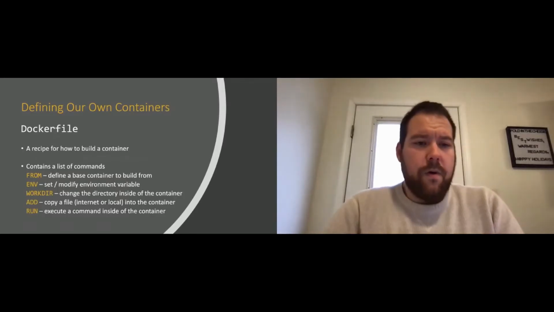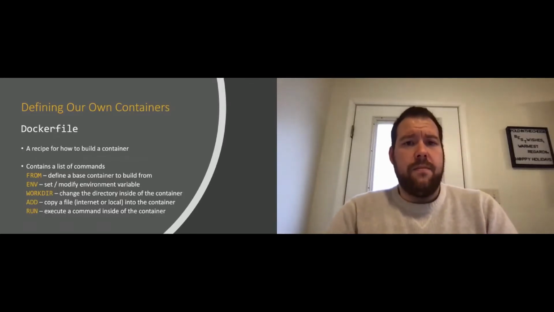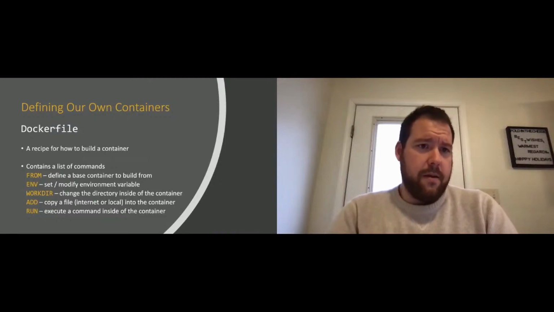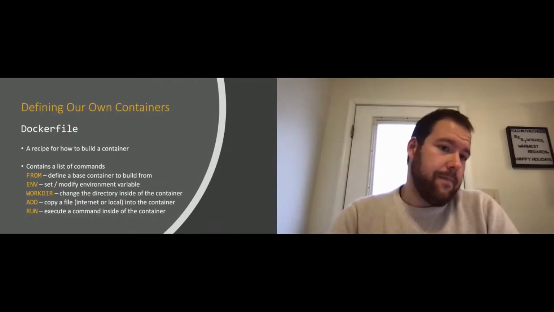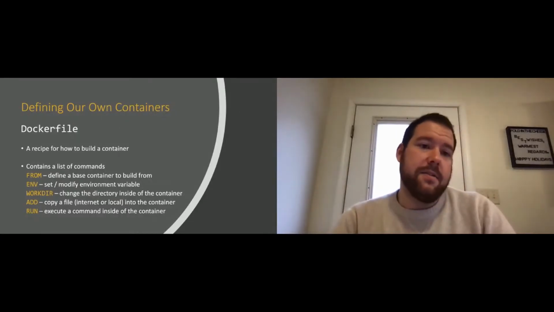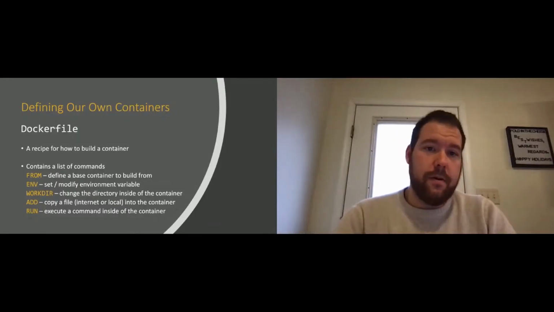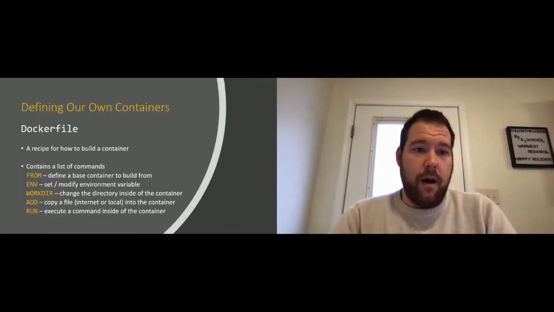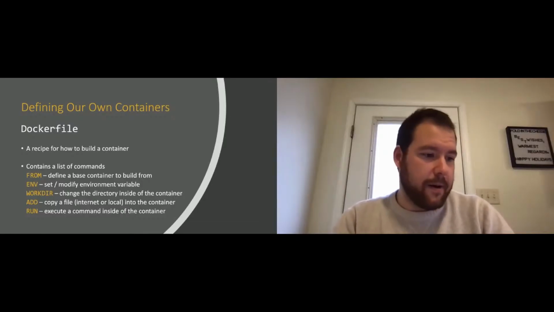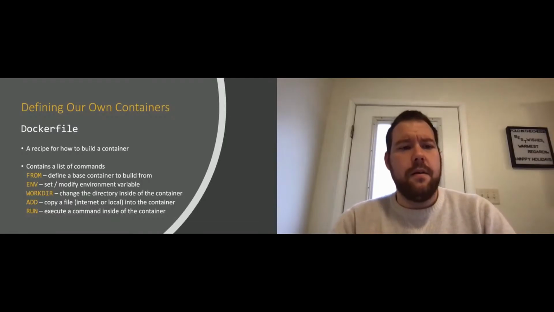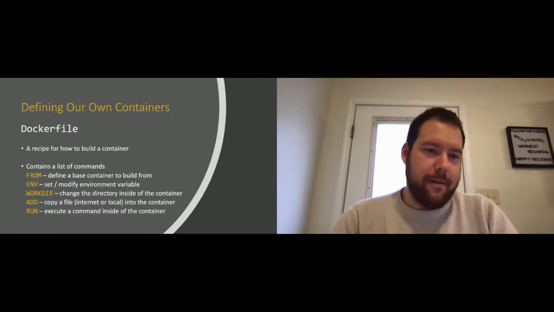So what we want to do is define our own containers in some way. And we can do this through the use of something known as a Dockerfile. A Dockerfile is a recipe on how to build a container. And the only thing that a Dockerfile really contains is a list of commands. I have a subset of commands listed here. They're all shouty and capital lettered.